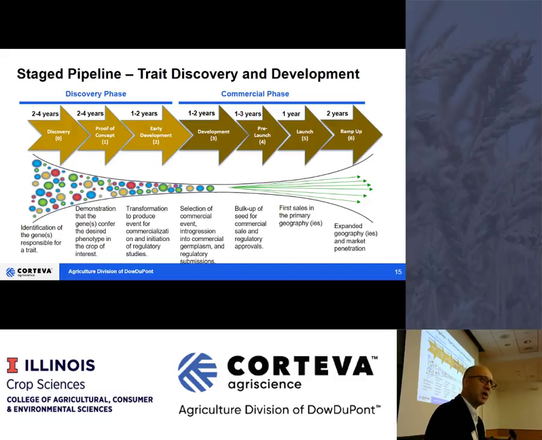Then once those criteria and that characterization has been done, that is when we move into using plant transformation technologies, and then we go ahead and start working on the development of what we call a commercial grade event.